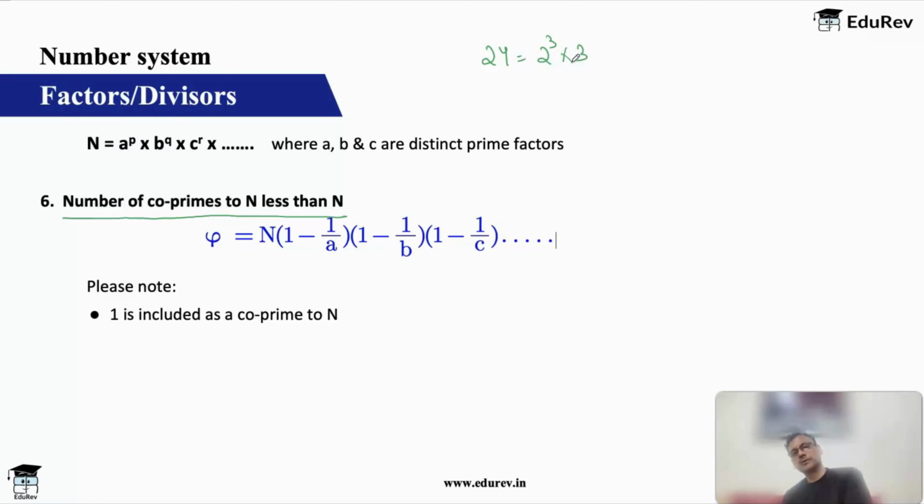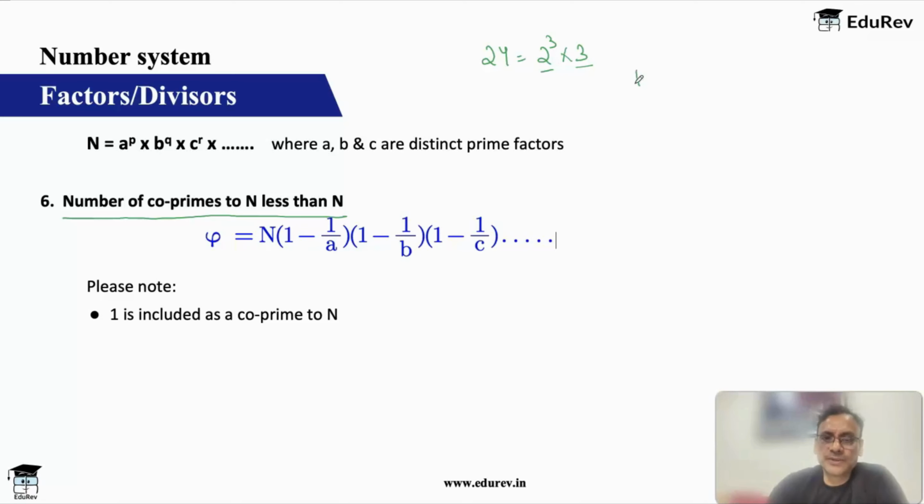Now I want to know what are the numbers less than 24 which are co-prime to 24. Now if you see, 24 is a multiple of 2 and it is a multiple of 3. So all numbers less than 24 which are not a multiple of 2 or a multiple of 3 will be co-prime to 24. What are those numbers?